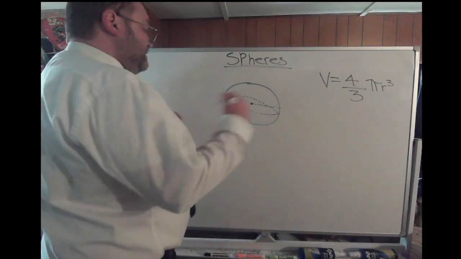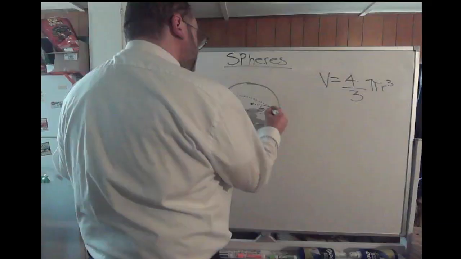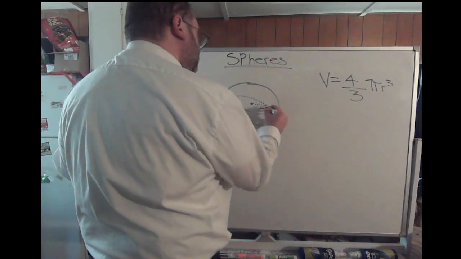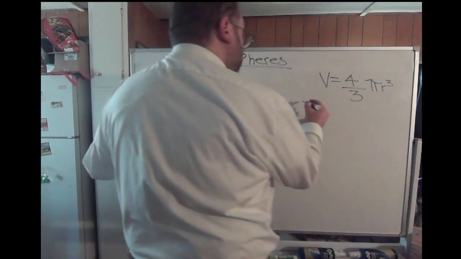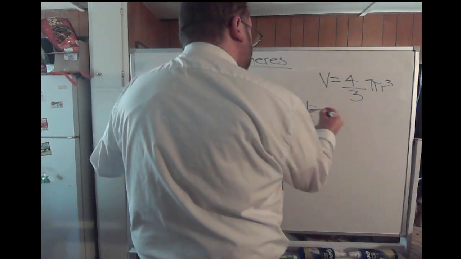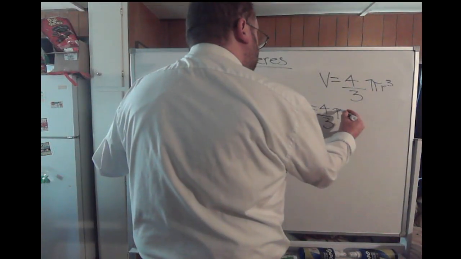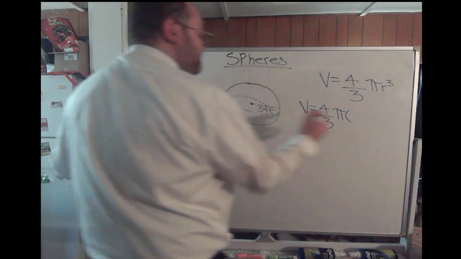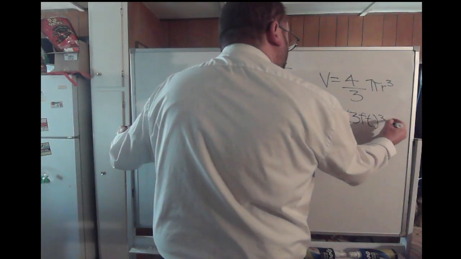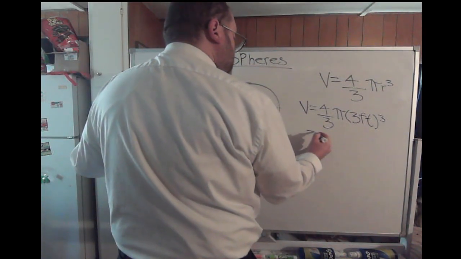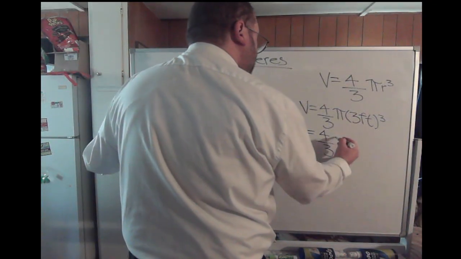So, let's say we had a radius of 3 feet. This sphere has a radius of 3 feet. Well, let's find the volume by taking 4/3 times pi times that radius of 3 feet set to the third power, which would be 4/3 times pi.